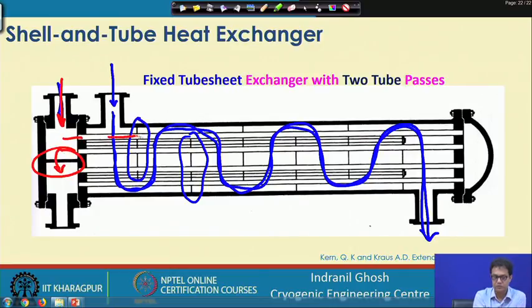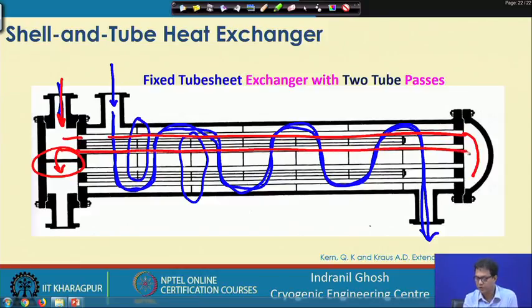It has to go through the tube side, flow like this, then take a diversion, get distributed coming over here, get diverted again, follow this path and finally come out.